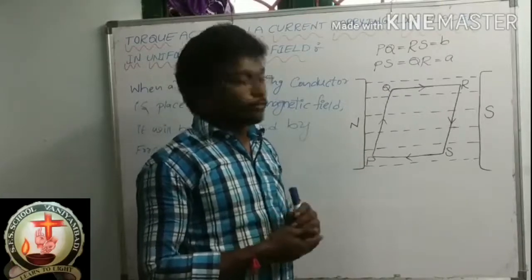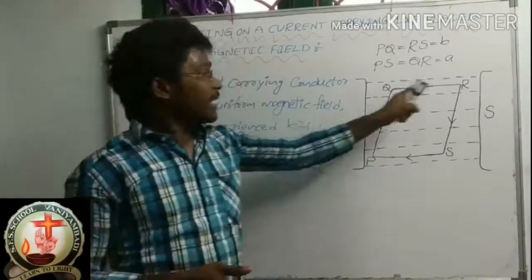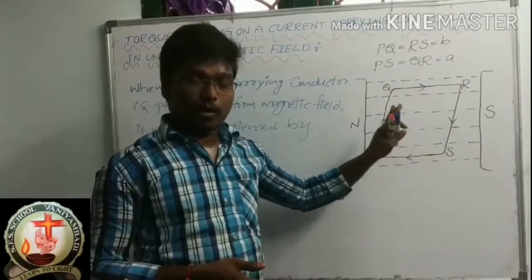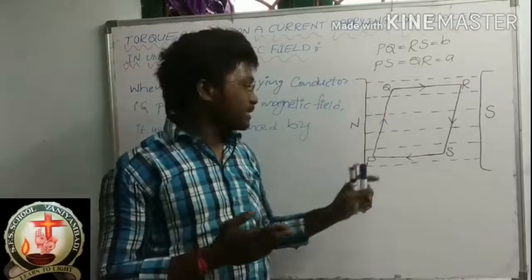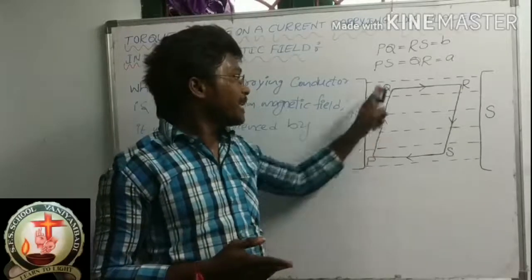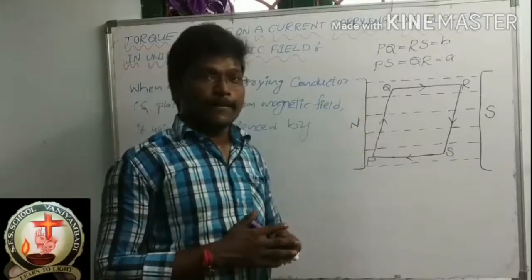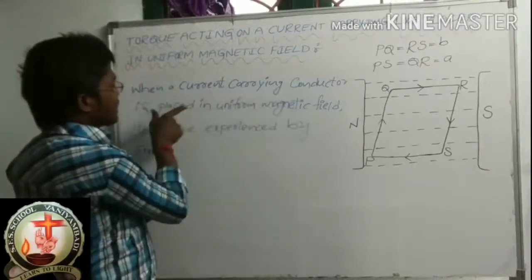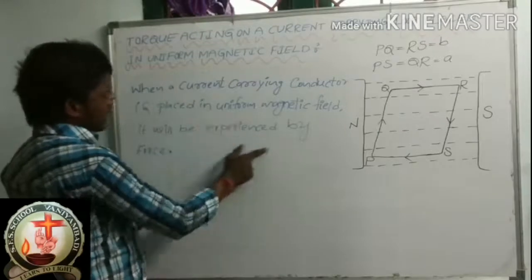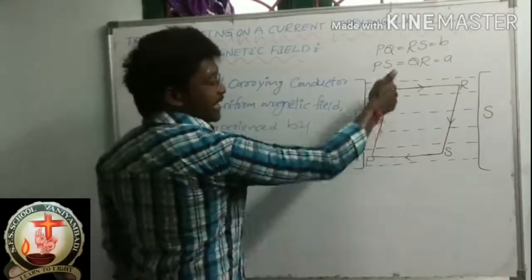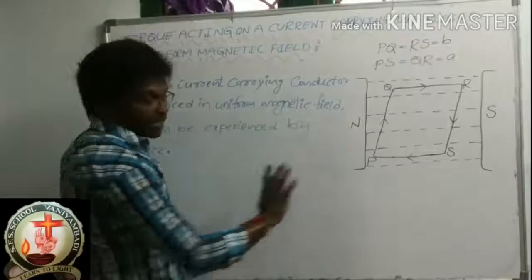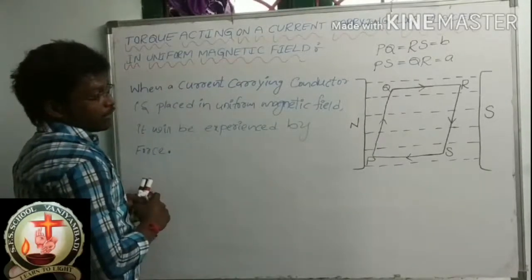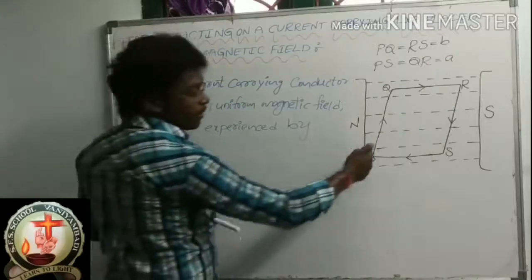Okay, so this current carrying conductor, this loop I placed in the uniform magnetic field. This loop is a combination of 4 parts. What are those parts? PQ, first part. PQ is the first part. Okay, so already I told you when a current carrying conductor is placed in uniform magnetic field, it will experience a force. So here, what is the current carrying conductor? PQ. First, PQ. Then the force acting on PQ.